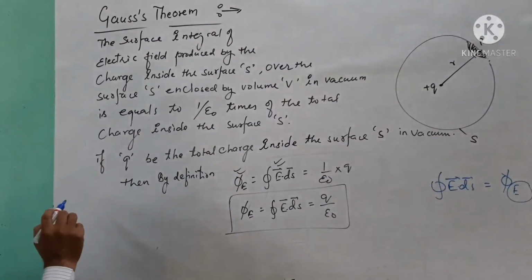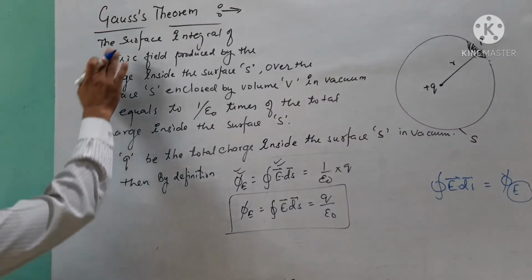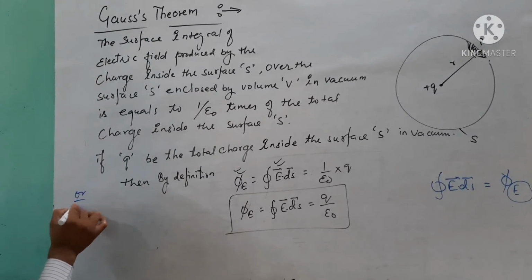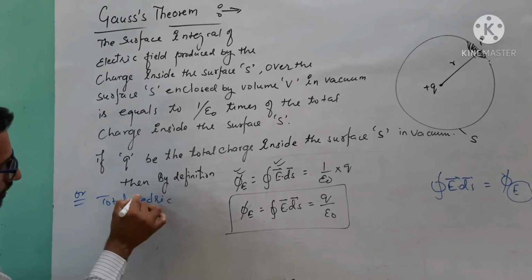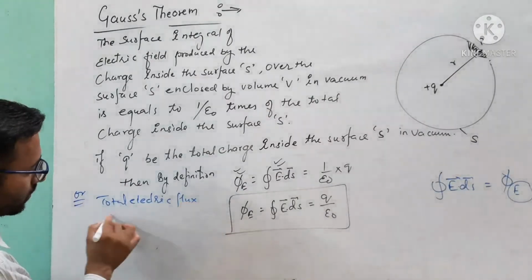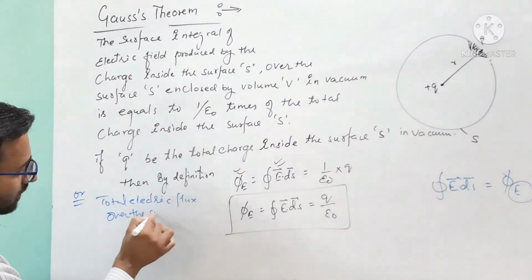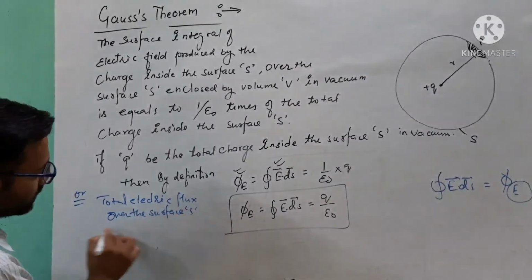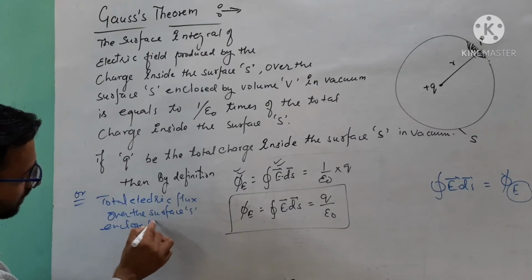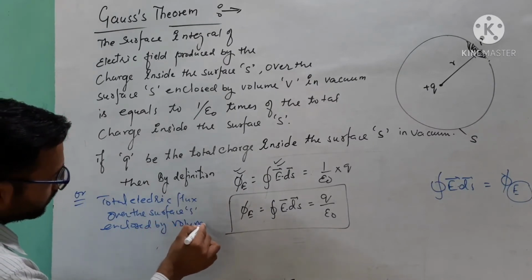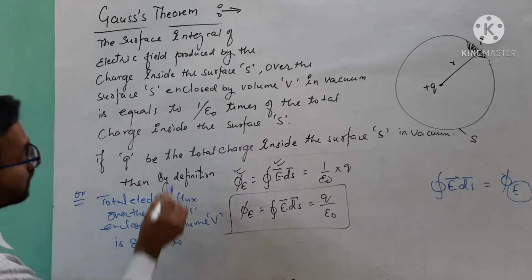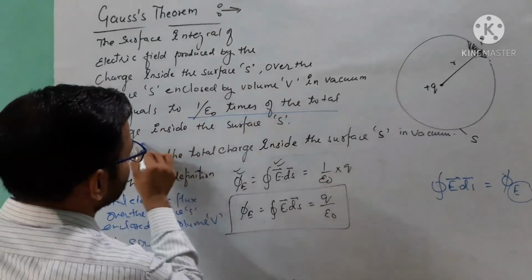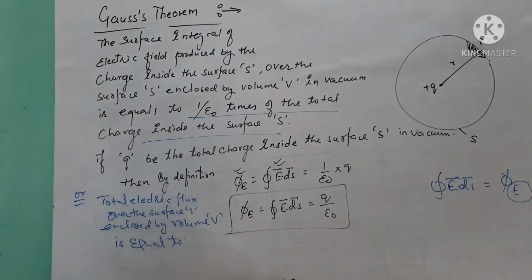So you can write this statement like this: total electric flux over the surface S enclosed by volume V is equal to, remaining all thing same. Got it?